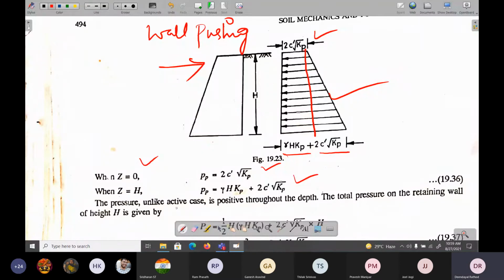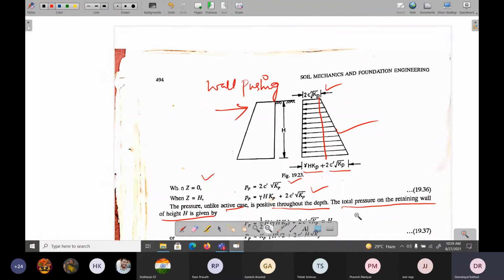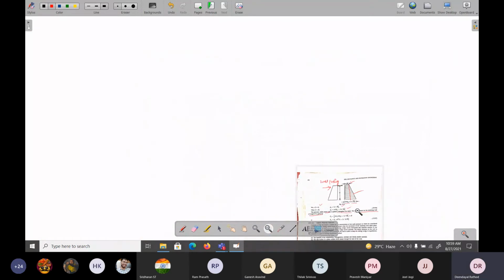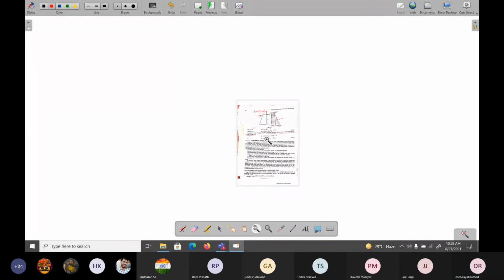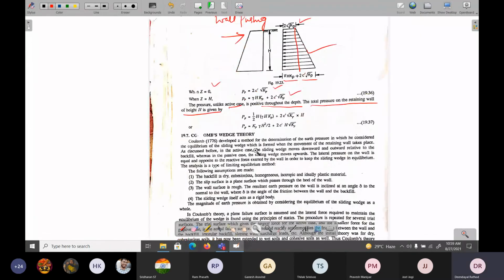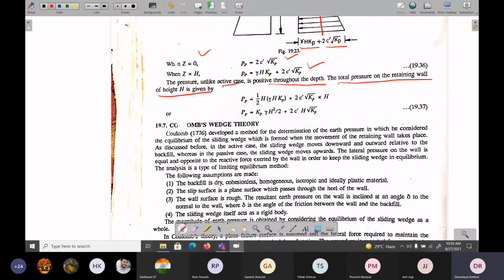So the pressure, unlike the active case, is positive throughout the depth. The total pressure on the retaining wall of height H is given by this equation, so it can be written like this.